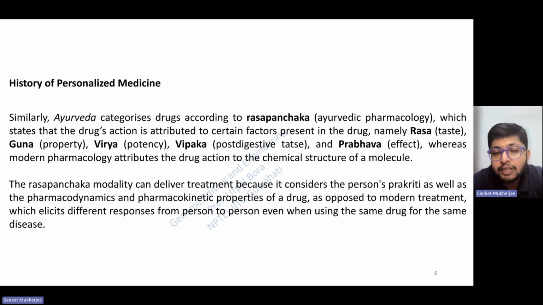Ayurvedic pharmacology uses a lot more factors than modern medicine, which only considers the structure of the drug and some physicochemical properties of the drug. Apart from that, nothing else is taken into consideration in modern medicine.